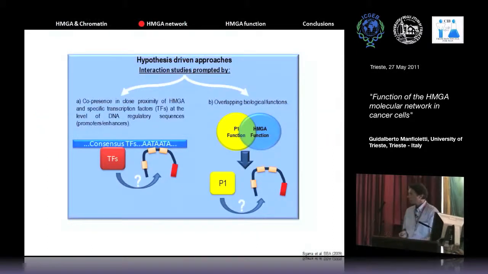In general, to identify molecular partners, you can follow different approaches. One is the so-called hypothesis-driven approach, where interaction studies are prompted by, for example, the co-presence in close proximity of HMGA and a specific transcription factor at the level of DNA regulatory sequences such as promoters and enhancers, or by overlapping biological function.